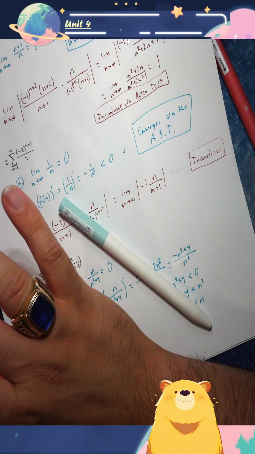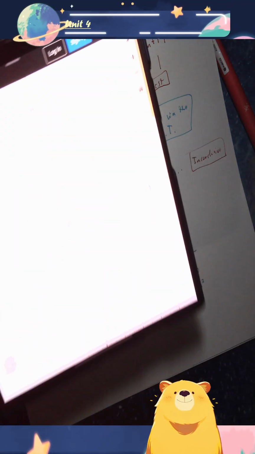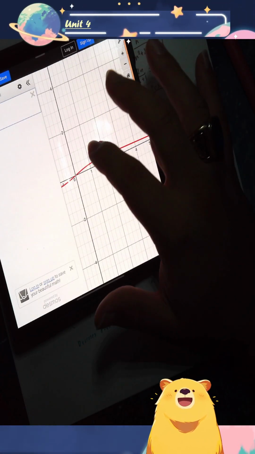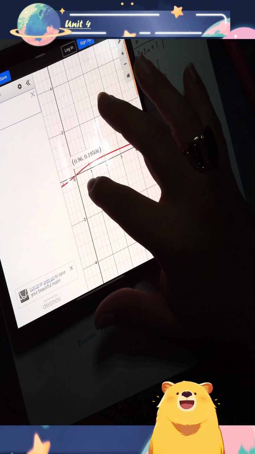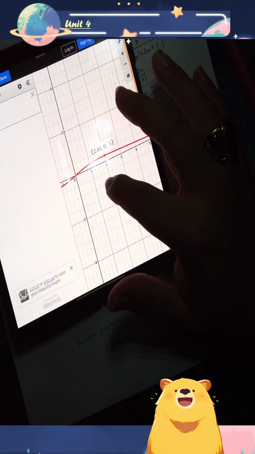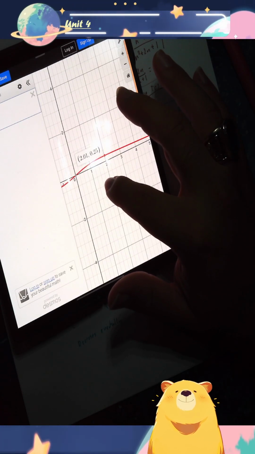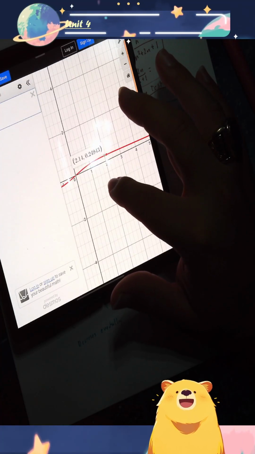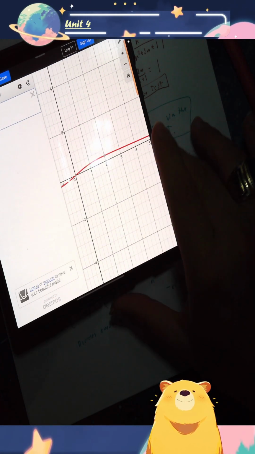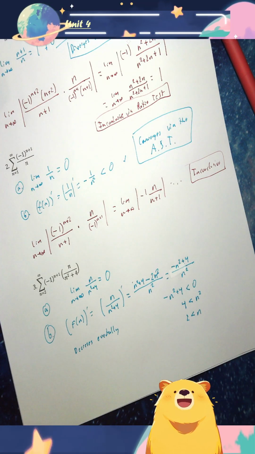Okay, so we see here that at 1, it's definitely on an incline. And at 2, maybe it's not at an incline, but it has this sort of plateau. And then at 3, we notice that it is decreasing. So this is that logic I was telling you about, where it decreases eventually.